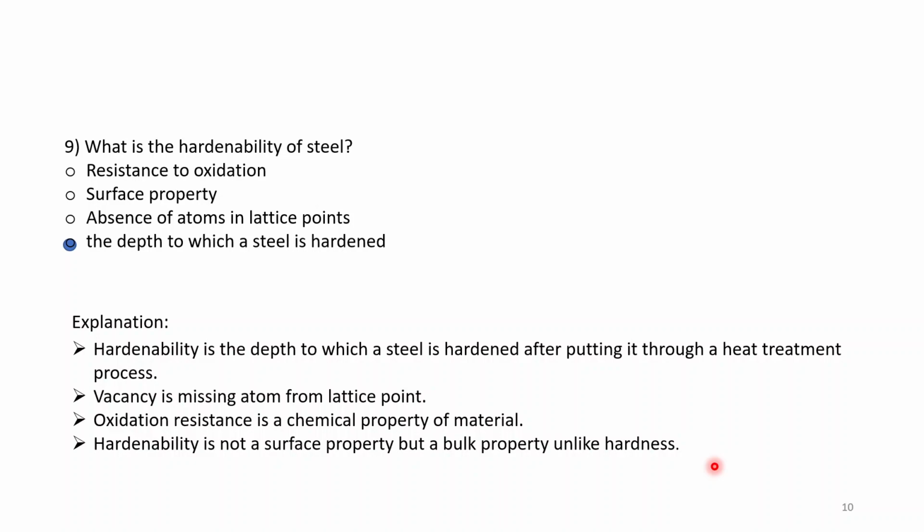We can explain this by saying that hardenability is the depth to which a steel is hardened after putting it through a heat treatment process. And absence of atoms and lattice points is the vacancy definition. Hardenability is not a surface property, it is a bulk property, so that statement is incorrect as well. And resistance to oxidation is a chemical property of a material.